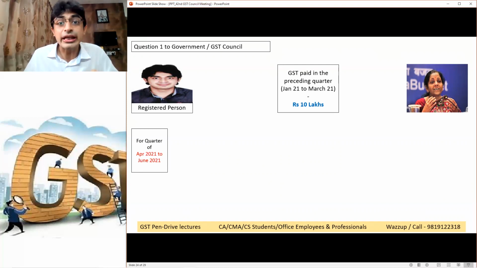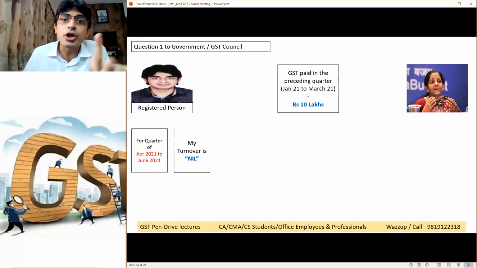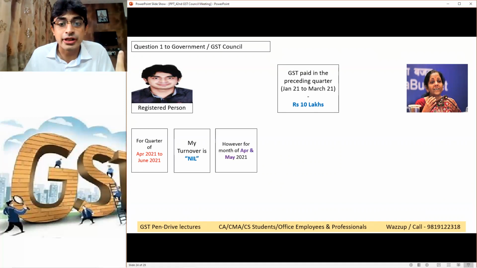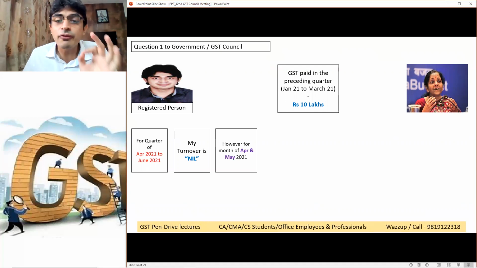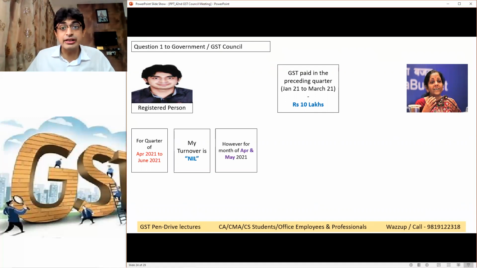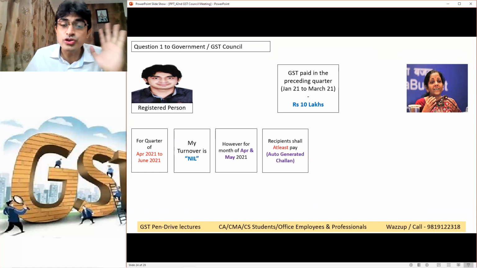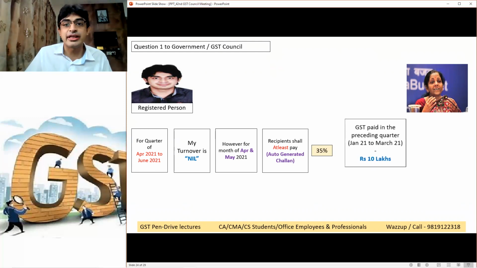Now, when it comes to April to June 2020, the subsequent quarter, my actual turnover is nil. There was no sales. Correct. Since there is no sale, there is no question of GST liability. However, what government just now said, for the months of April and May 2021, the recipient shall at least pay through auto-generated challan 35% of the amount in the preceding quarter.